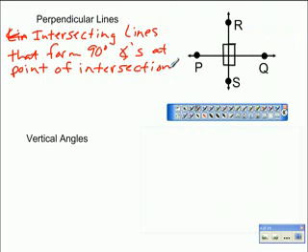So if you're looking at two lines and you're given that one angle is 90, so you know they're perpendicular, then the other three angles surrounding it are also 90 degrees.